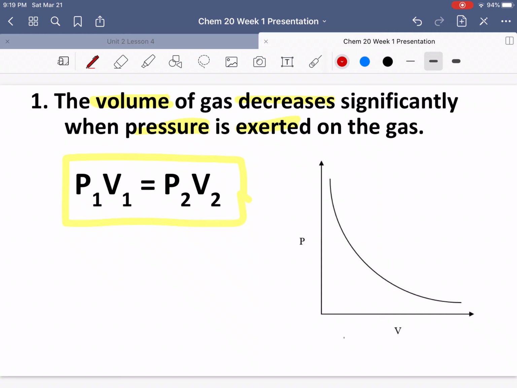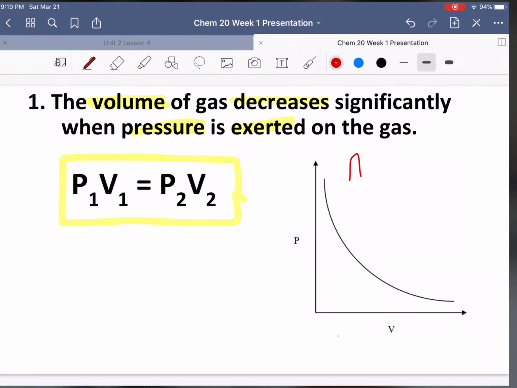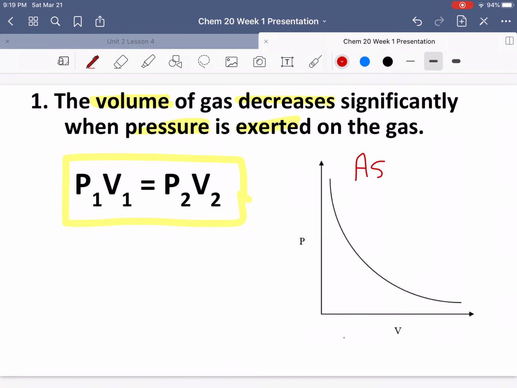What you need to make note of is just recognize as pressure increases, volume decreases. And the opposite holds true. As pressure decreases, volume will increase. That's what we mean by an inverse relationship.